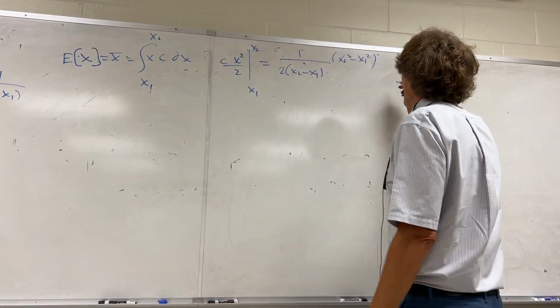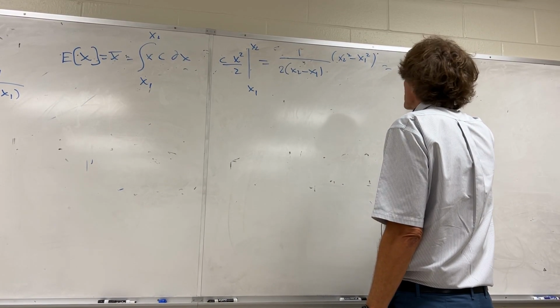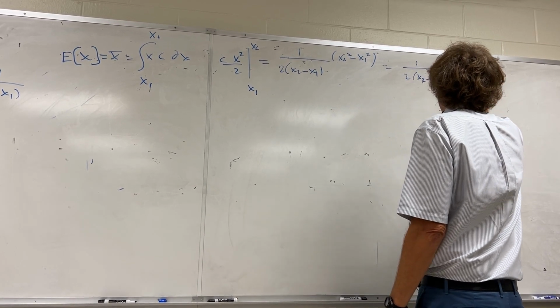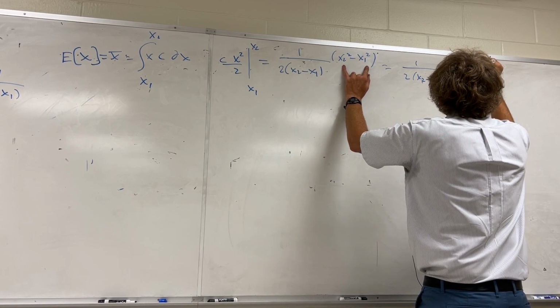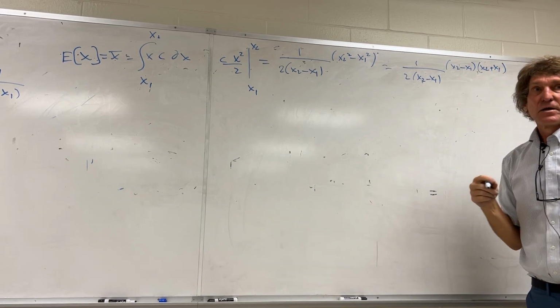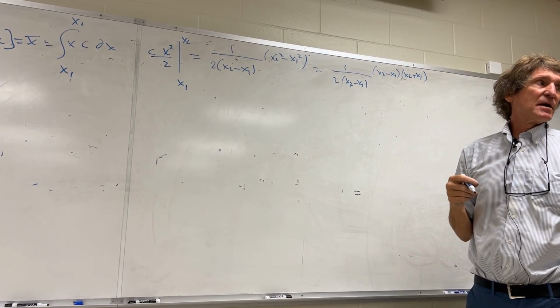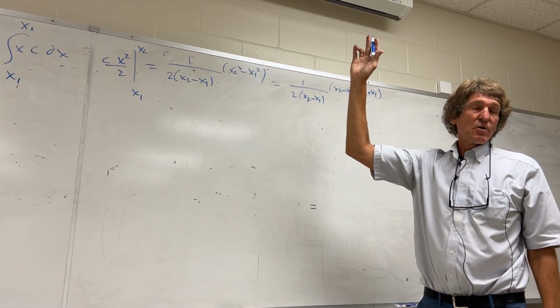So how can I rewrite that top one? It's 1 over 2 times x2 minus x1 here, isn't this x2 minus x1 times x2 plus x1? Take a look. Just for a second, convince yourself I'm not messing up. Y'all follow me? How many see this? So what cancels?